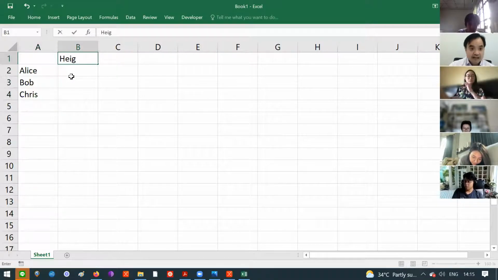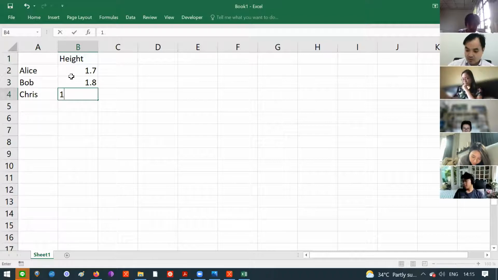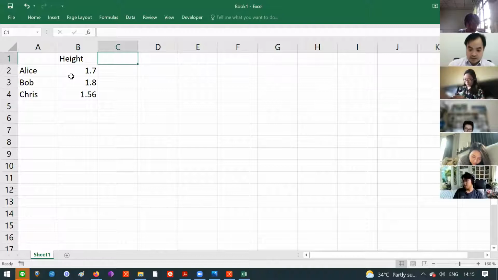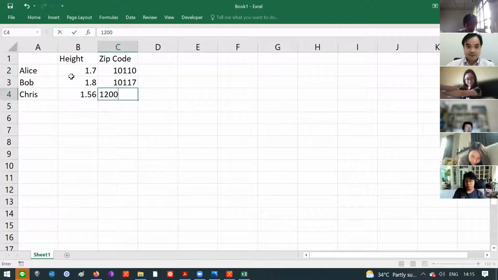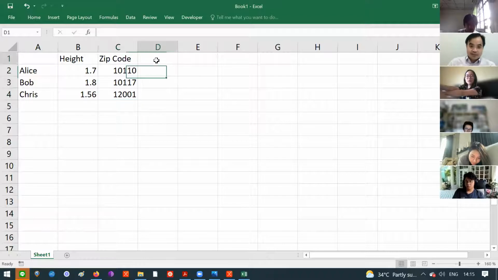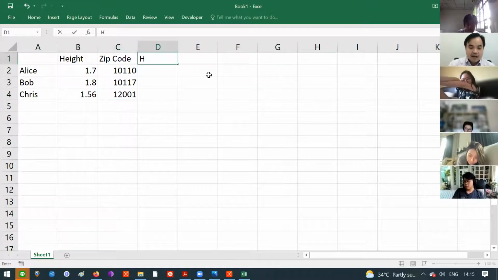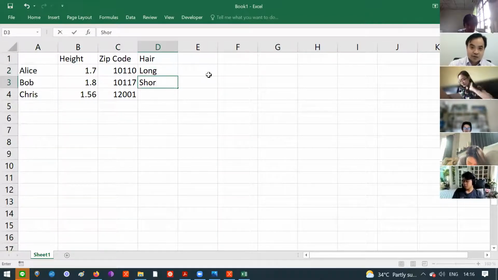And you can say something like height, 1.7, 1.8 meters, and 1.56, whatever. And zip code, and hair color: short, long, short.